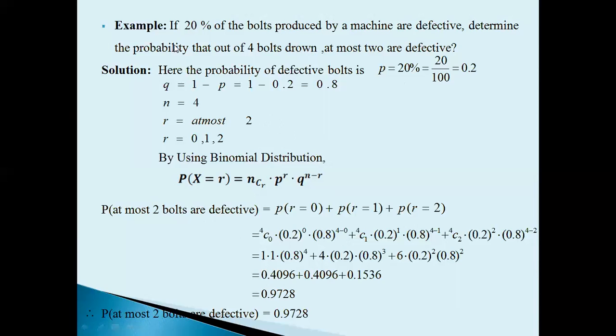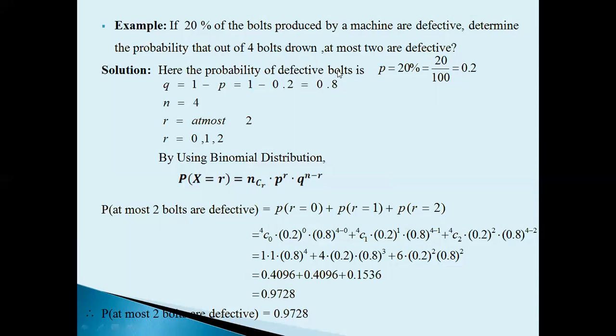Second example: if 20% of the bolts produced by a machine are defective, then determine the probability that out of 4 bolts drawn, at most 2 are defective. Here the probability of a defective bolt is given in percentage, that is 20%. 20% means 20 upon 100, which is equal to 0.2.